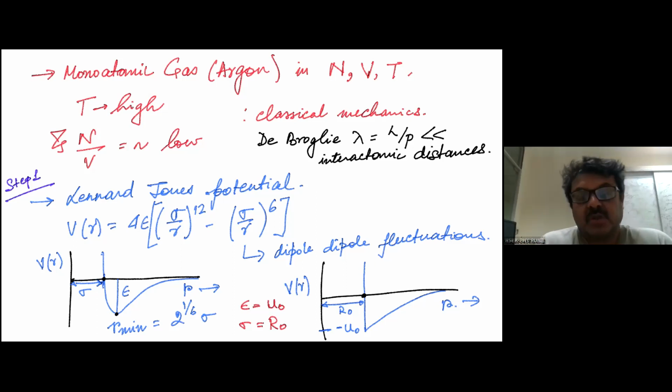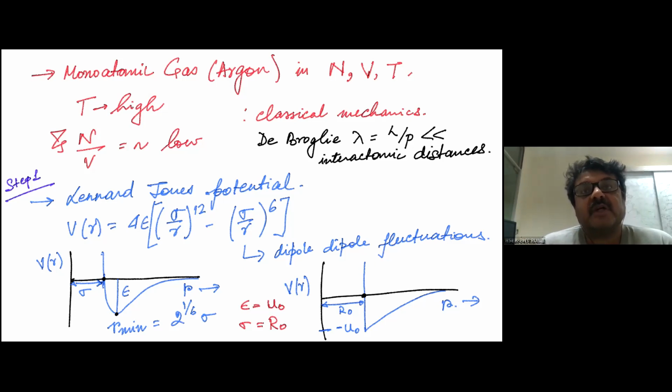So fluctuating dipoles and fluctuating dipoles, what is the effective interaction? It can be shown, and that's another class, in something like a soft matter class or some other class, that the interaction goes as 1 by r to the power 6. So the interaction between two charges goes as 1 by r, the potential, right?